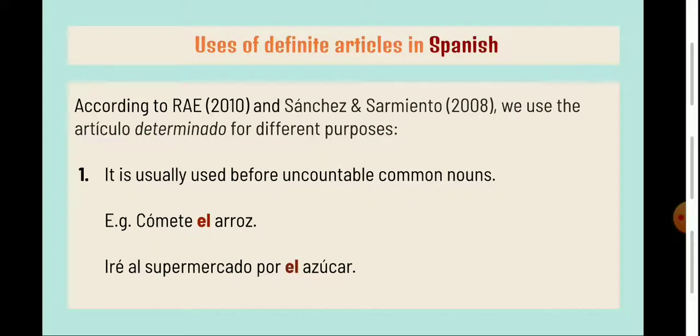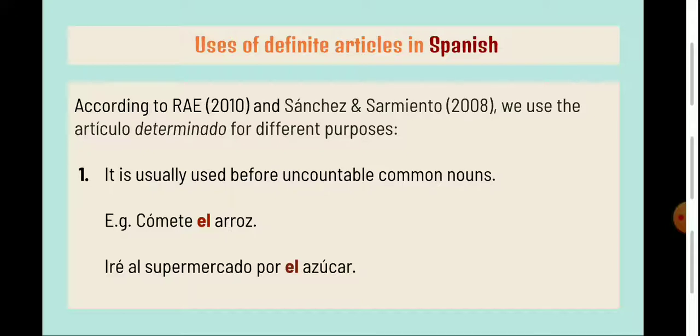On the other hand, in Spanish, we use definite articles for different purposes. One of them is before uncountable common nouns. For example, cómete el arroz. Arroz is an uncountable common noun.